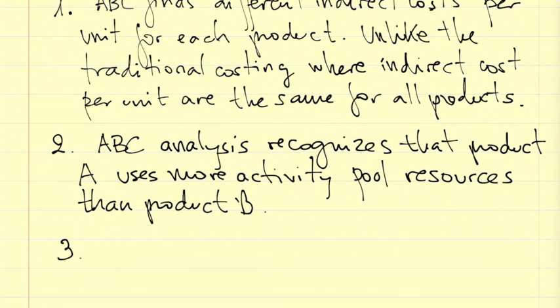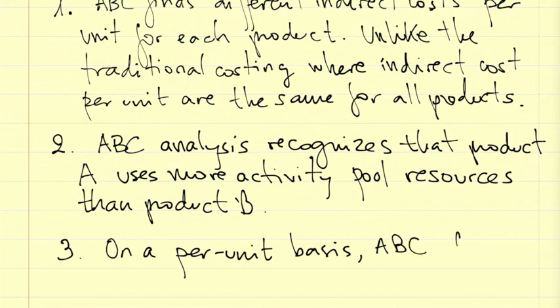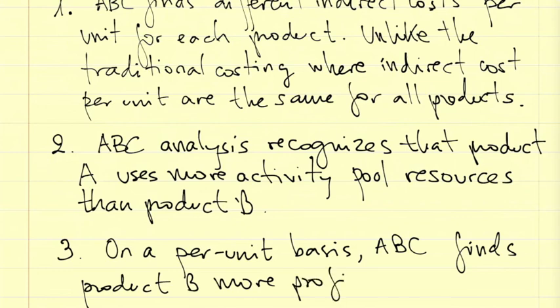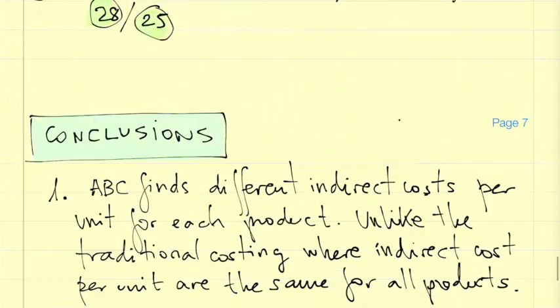Third conclusion, on a per unit basis, activity-based costing finds product B more profitable than product A. Okay, we see this here.